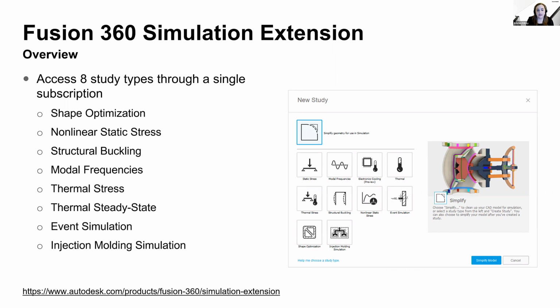One thing that is still unique about the simulation extension when compared to those other extensions on the previous slide is the option to access the simulation capabilities through alternate methods, not just through the subscription to the extension. One option is a user can access a handful of simulation study types through a local solve option, as long as they have an active Fusion 360 subscription. They would just need to install solvers on their local machine to be able to access those. And again, these are limited to a few different study types, which we can go over a little bit later in the session.